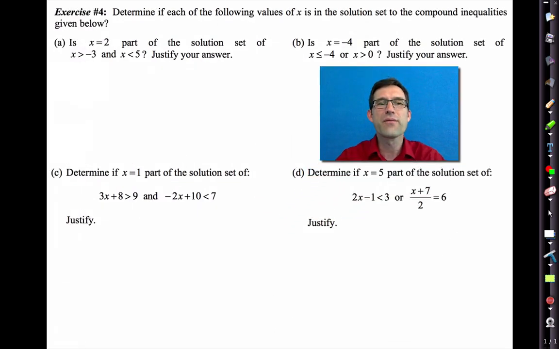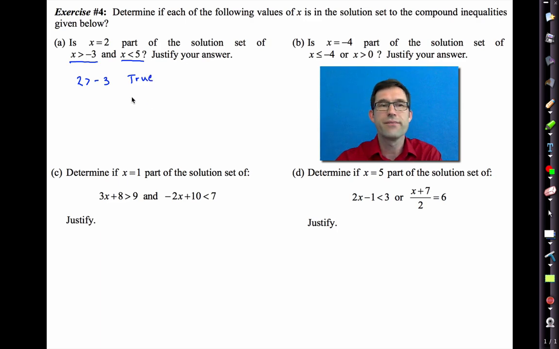Determine if each of the following values of x is in the solution set to the compound inequalities given below, and justify our answer. So watch, letter A, simple enough. Is x equals 2 part of the solution set of x is greater than -3 and x is less than 5? Justify your answer. Well, it's this simple, watch. 2 is greater than -3, well, that's true, right?